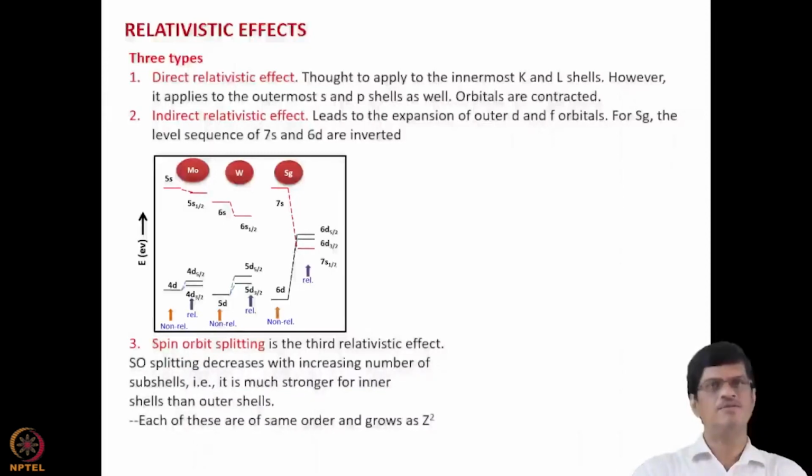All these three relativistic effects are of the same order and grow as Z squared. That means that with increasing charge, these relativistic effects increase, and this becomes very, very important for the transactinides. While studying the chemistry of these transactinides, sometimes you find that it does not match well with the homologs because of these relativistic effects.